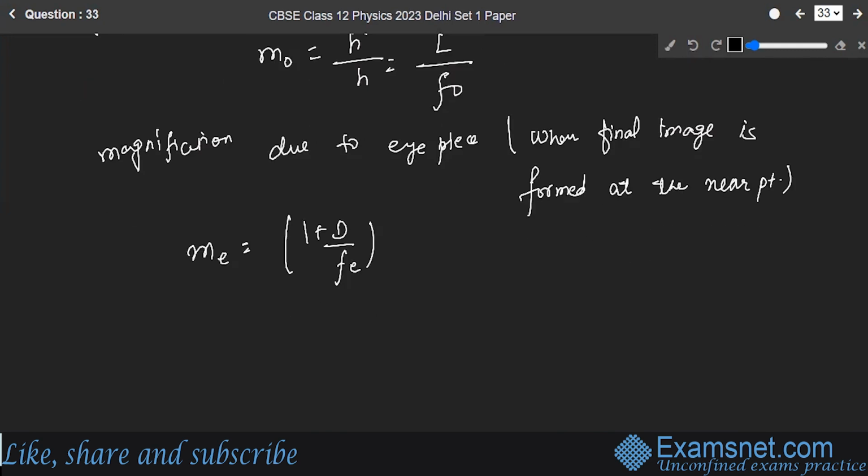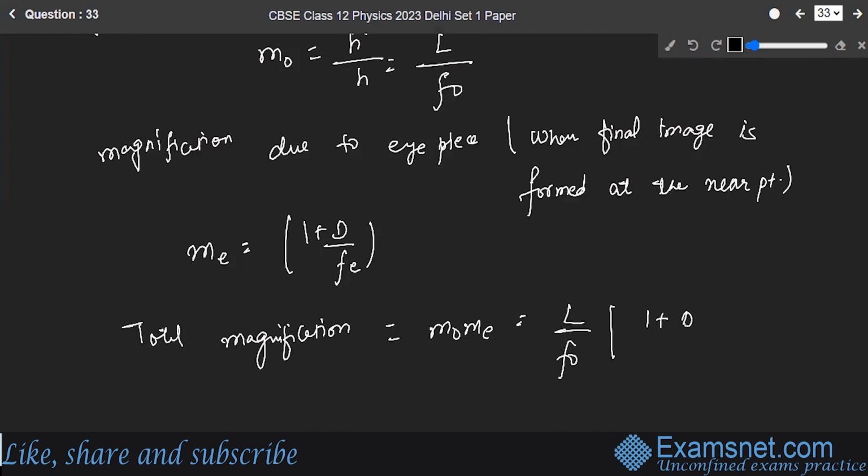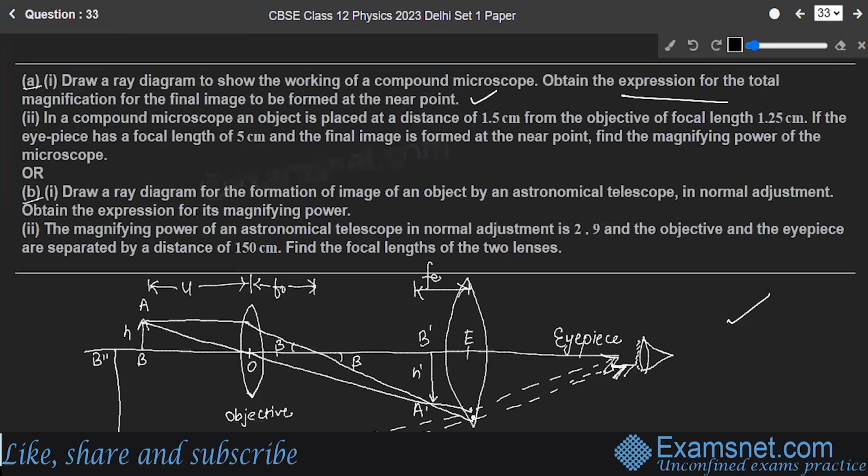Now the total magnification is given by the product of both. So this is equal to L upon f_o times (1 plus D upon f_E). This is the answer to the question. So we are done till here in the second part.